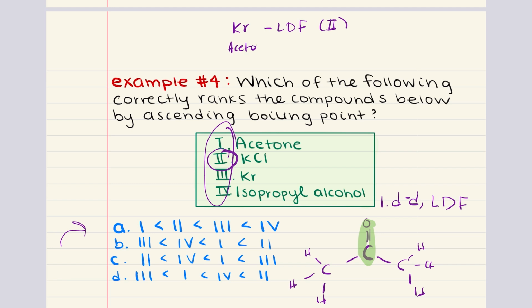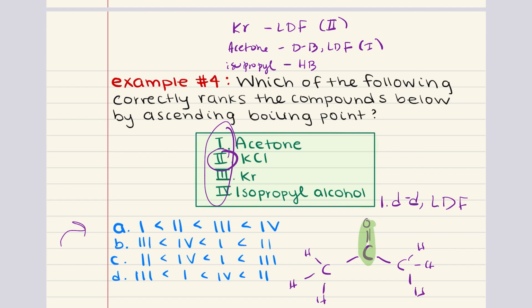The second one, after krypton, for higher boiling point is probably going to be acetone. Acetone has dipole-dipole interactions and London dispersion forces. So krypton has the lowest, then acetone has a slightly higher boiling point. That's statement 1. After that is probably going to be isopropyl alcohol because it has hydrogen bonding, which is the strongest of the intermolecular forces.